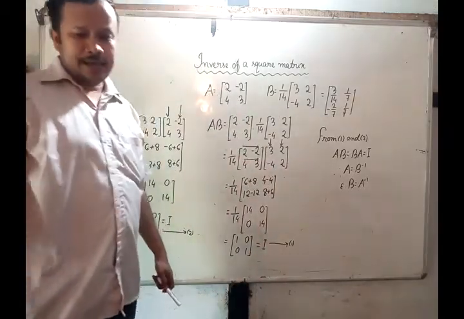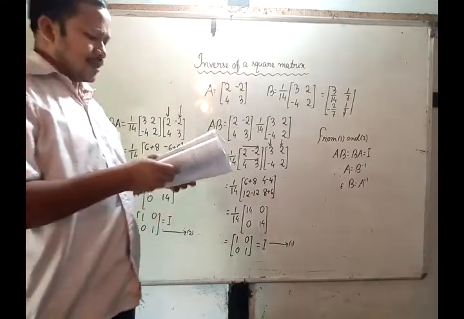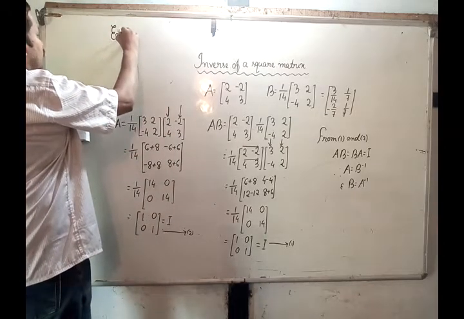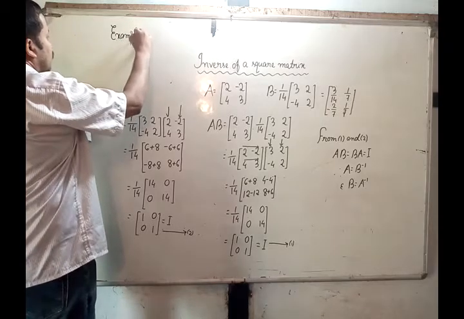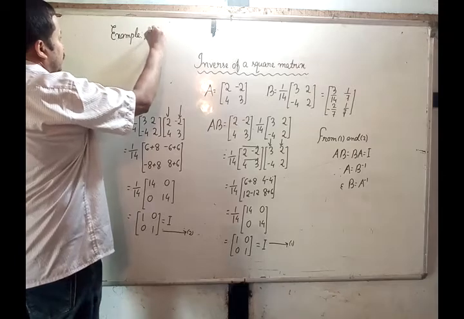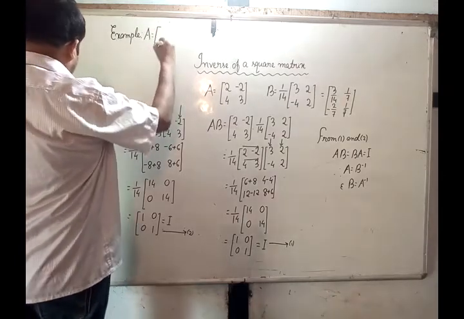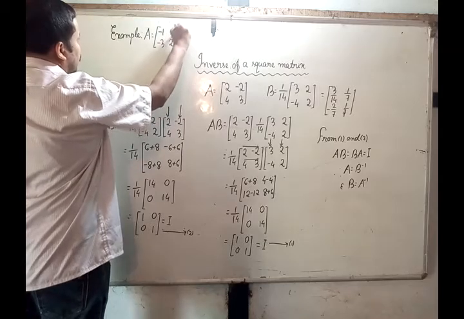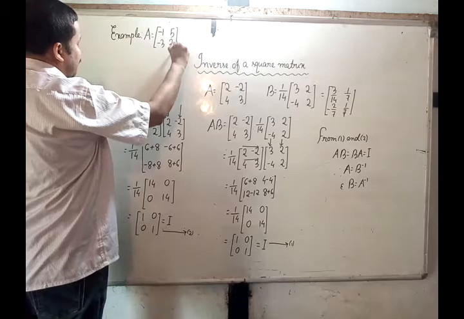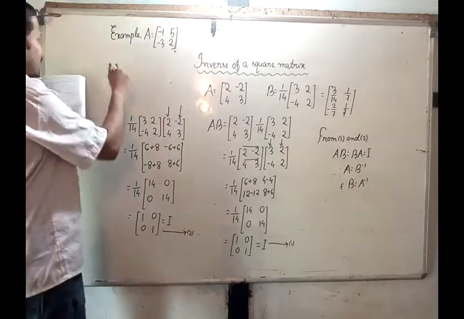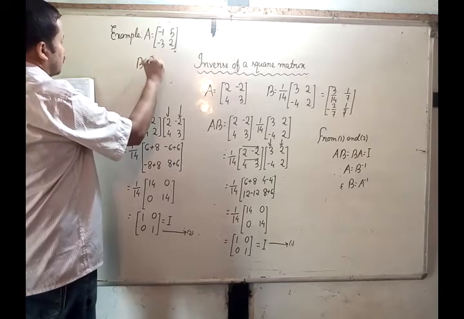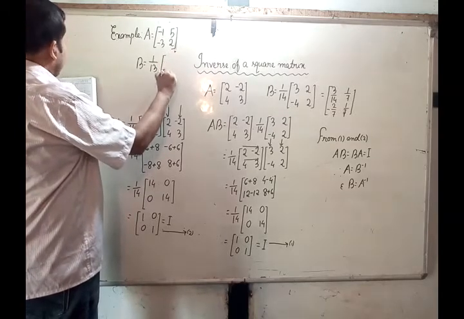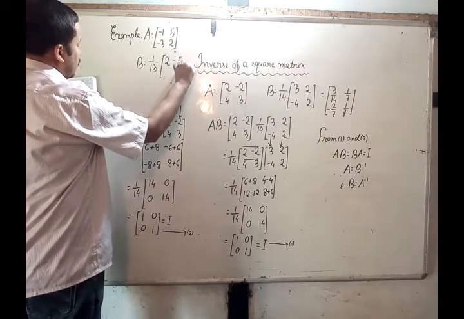It is a similar example. Example for verification: A equals the matrix minus 1 5 minus 3 2, and B equals the matrix 2 minus 5 3 minus 1.